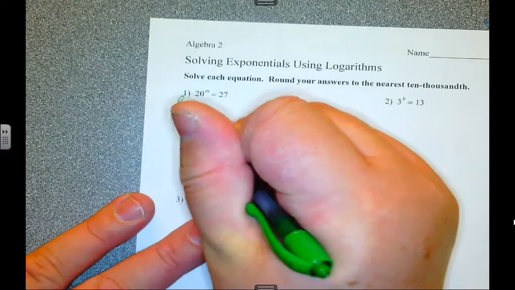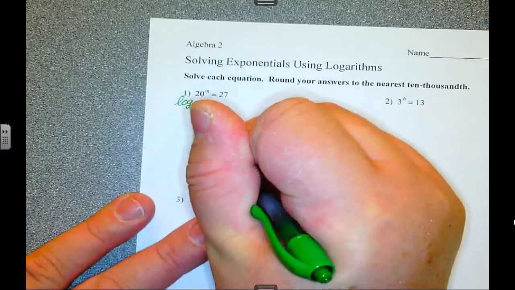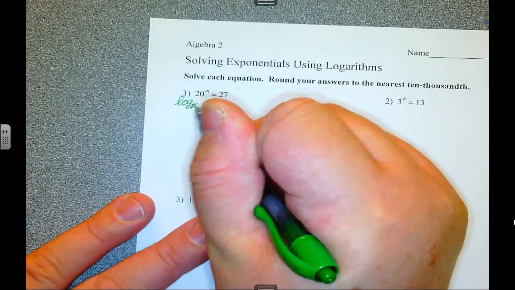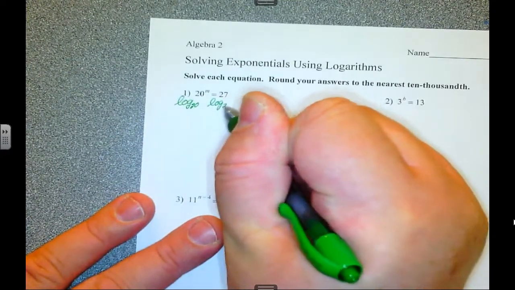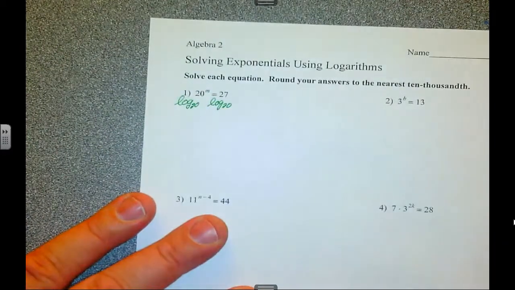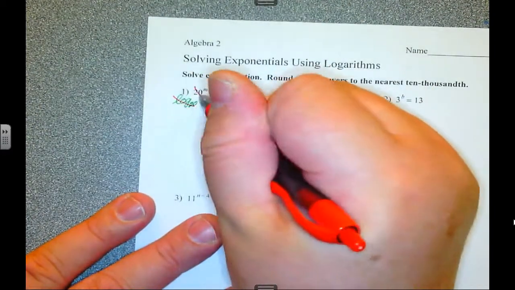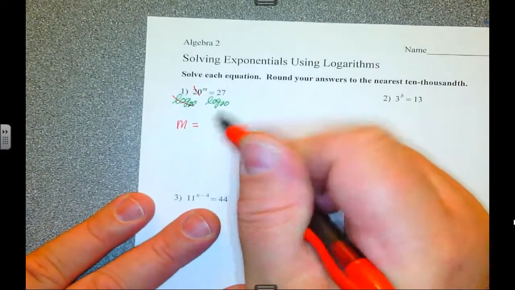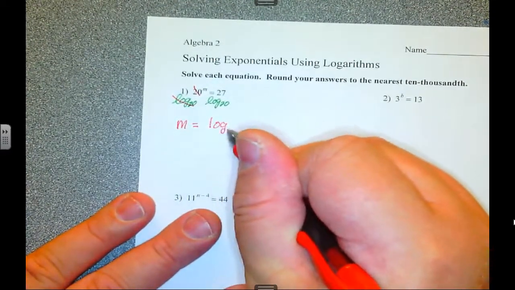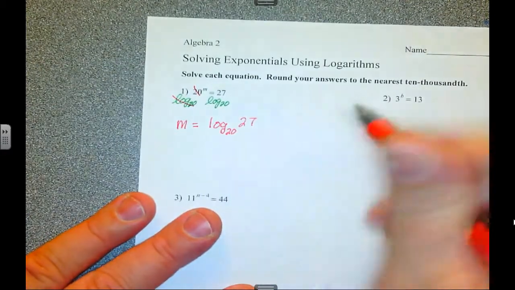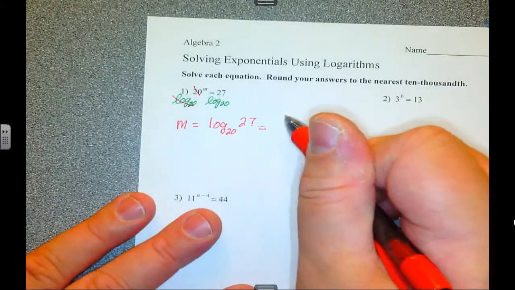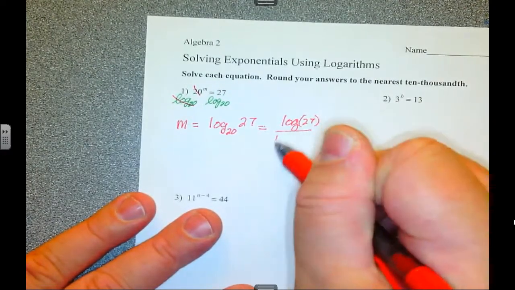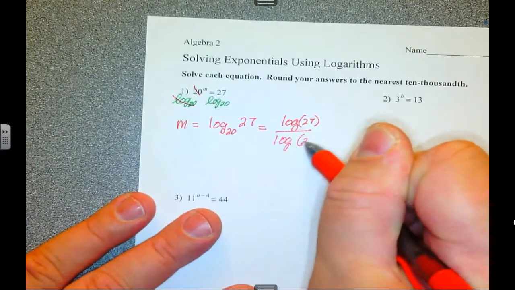Okay, I got to take the log base 20 to both sides, so that these cancel out. I get m equals log 27, change base, log 27 over log 20.